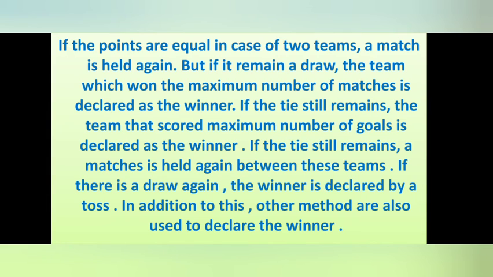In addition to this, other methods are also used to declare the winner. Okay, class, this is the way to know which team will be the winner if we face this type of situation. Let's move to the next page.